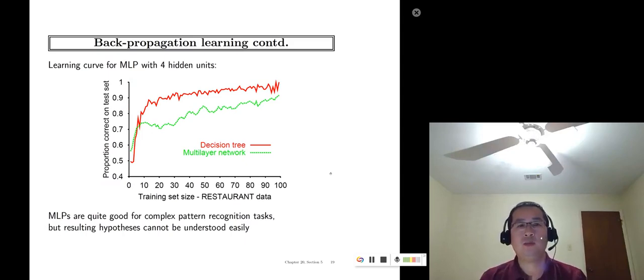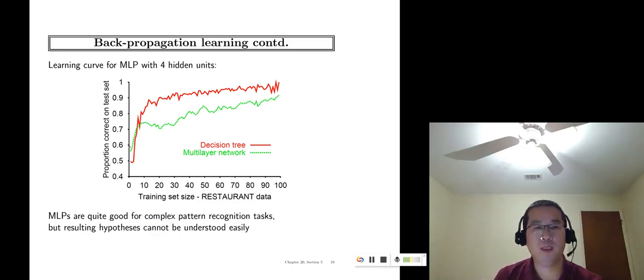So next, we compare again. We still talk about that restaurant problem. The decision tree is the red one. Now the green one is the neural network. You can find that now it catches up. If you get more data, it may have the same performance, even better performance than the decision tree method.